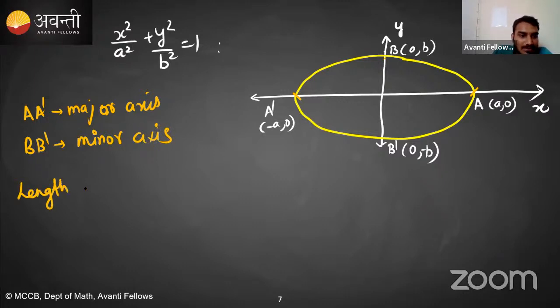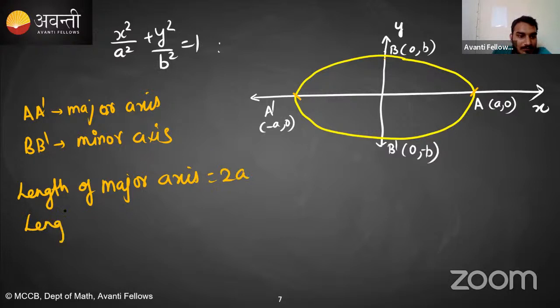Length of major axis means length of A A dash, which is 2a. Length of minor axis, कितना आ गया? Distance between B B dash, which is 2b. Is this clear or not, students? Tell me quickly in the chat box. Okay. Yes, very good. 2b. Right.